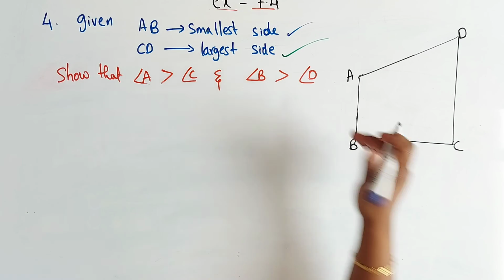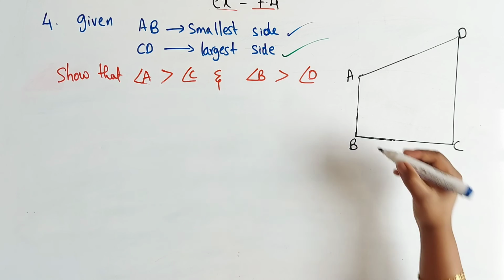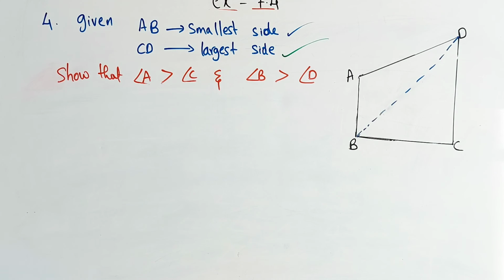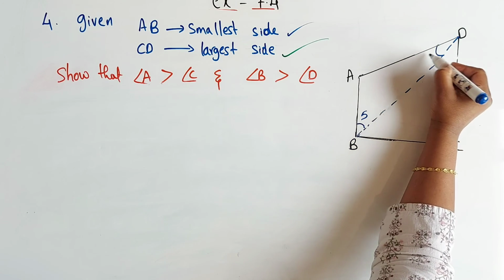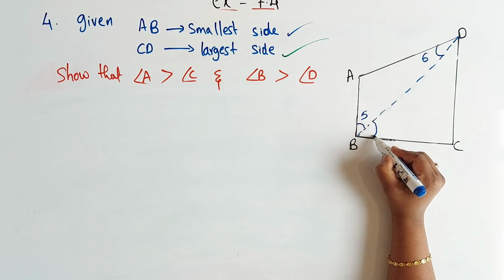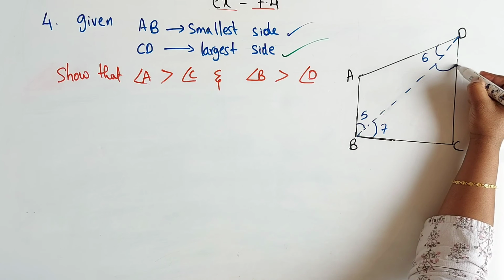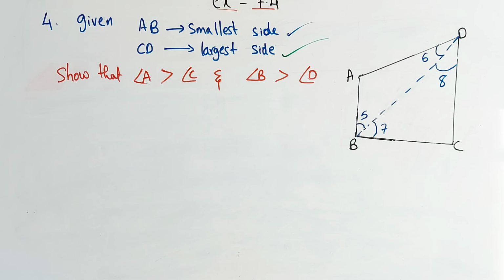Now for the second one, we have to join B and D, children. And let's name the angles also: angle 5, angle 6, this one angle 7 and angle 8 here. Correct, children? Now consider each triangle here.